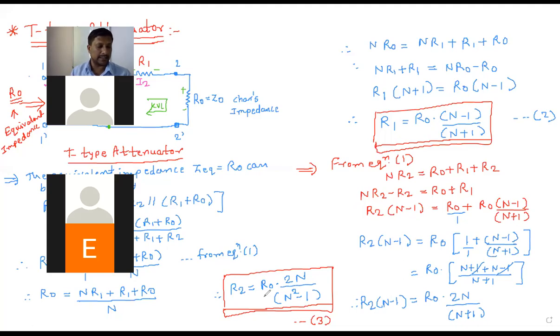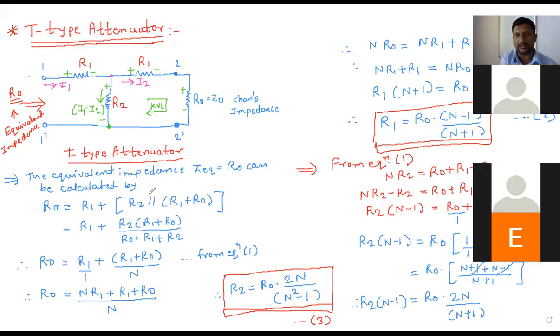So n means attenuation in Neper. If they are giving in terms of decibel, we can convert into Neper. And after Neper, we can use the formulas of R1 and R2 to find out the series arm resistance and parallel arm resistance. Once we get that, we can design the T-type attenuator. So numerical examples we can solve in the next lecture.